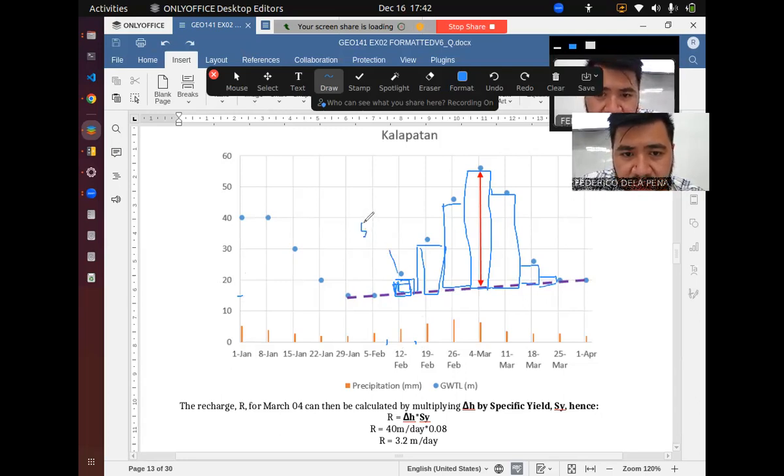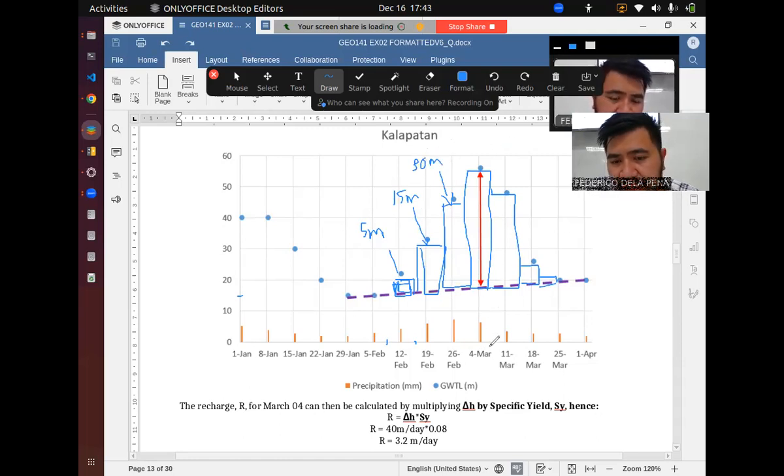So 5 meters fluctuation to. Sa week na centered on February 19, meron kang fluctuation na approximately 15 meters. And then sa week na centered sa February 26, meron kang fluctuation na 15 to 45, that's around 30 meters.